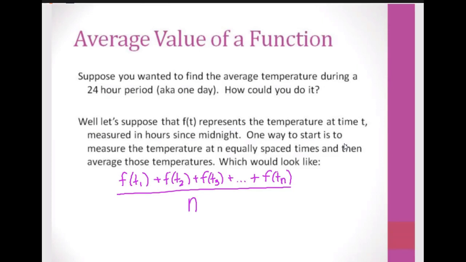Once you measure those temperatures at equally spaced times, the average temperature becomes the sum of the temperatures taken divided by the total number of temperatures you took. So if I take the temperature 12 times, then I divide by 12. If I take it 24 times, then I divide by 24. And that would give me the average temperature over a period of time.